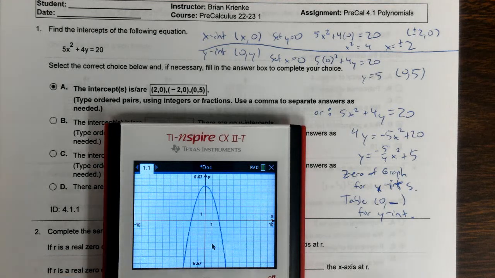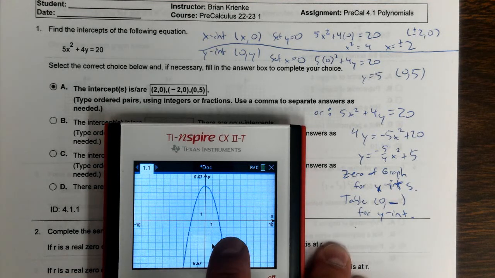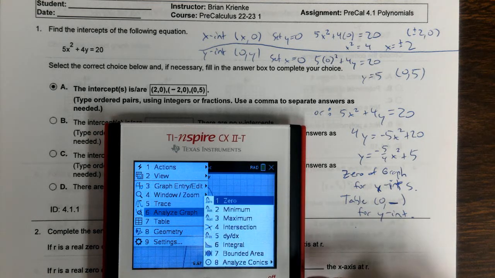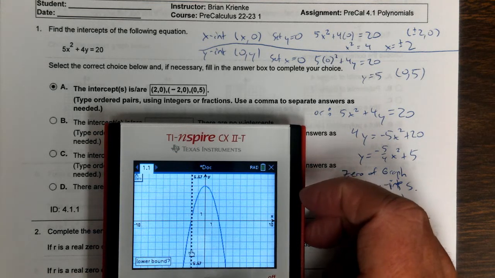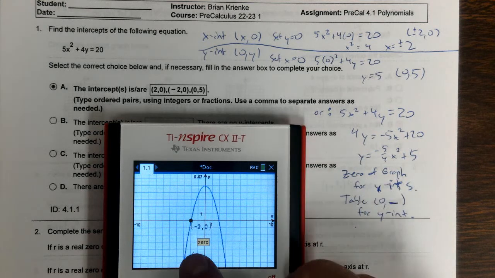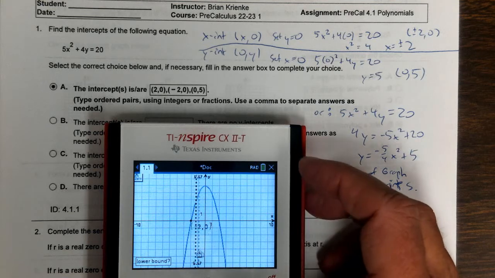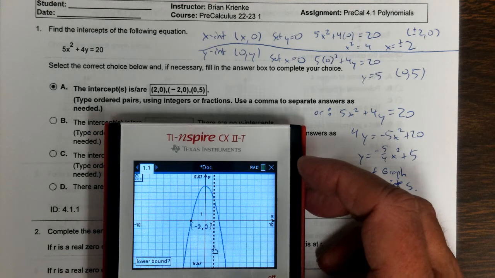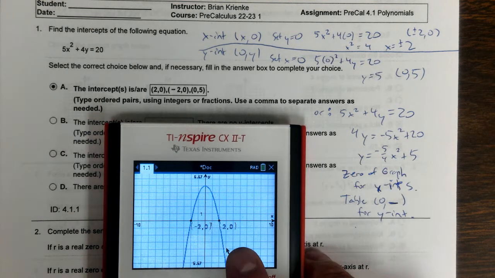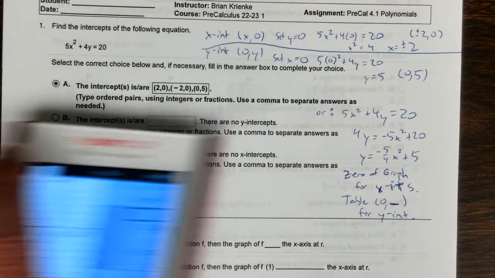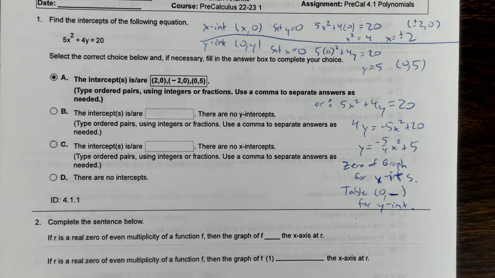Okay, so we want the x-intercepts, and you can do analyze. 1 is 0 of the graph, and go between here and there, which is negative 2, 0. And again, 0 of the graph between here and here is positive 2, 0. And then you want this one, and I said go to the table and go to where x is 0 and then y is 5. So those are two approaches for that.